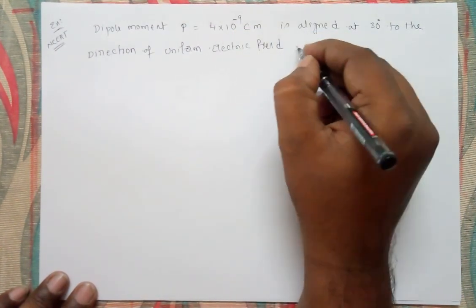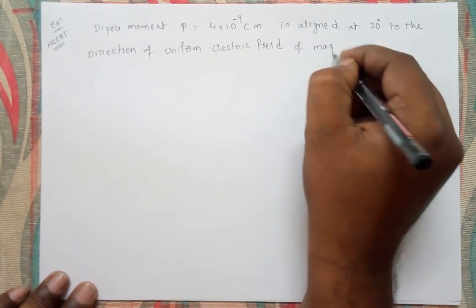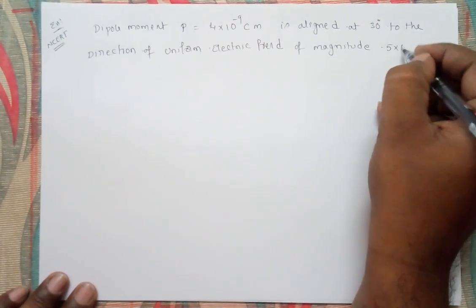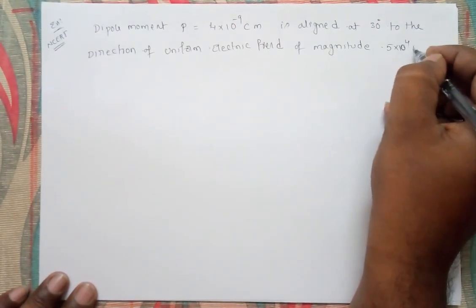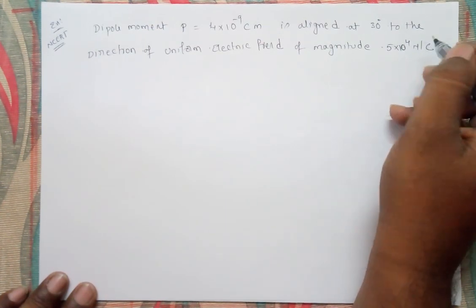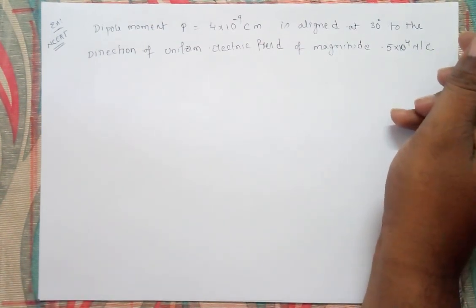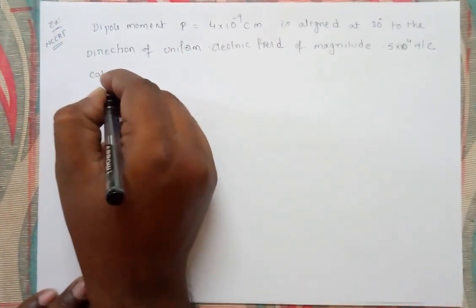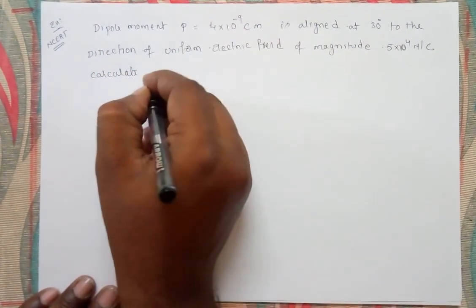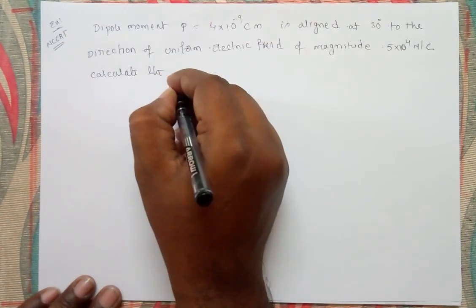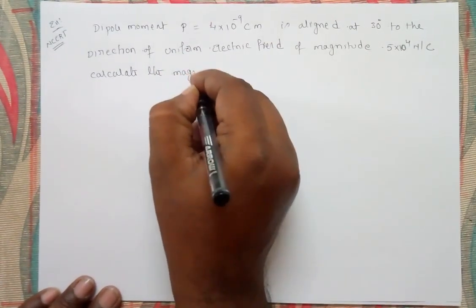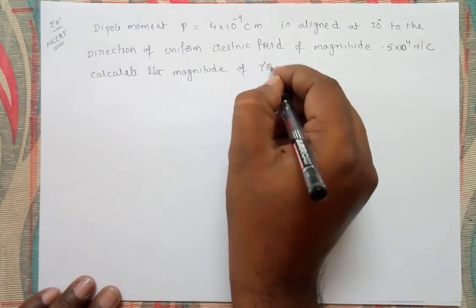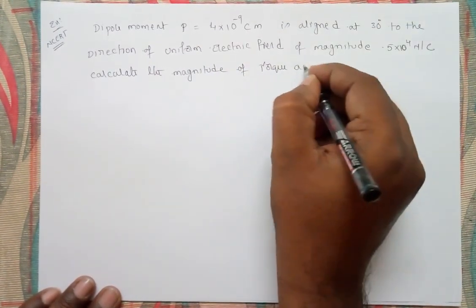They have given the magnitude 5 into 10 raised to 4 Newton per coulomb. Calculate the magnitude of torque acting on it. They are asking to calculate the magnitude of torque acting on it.